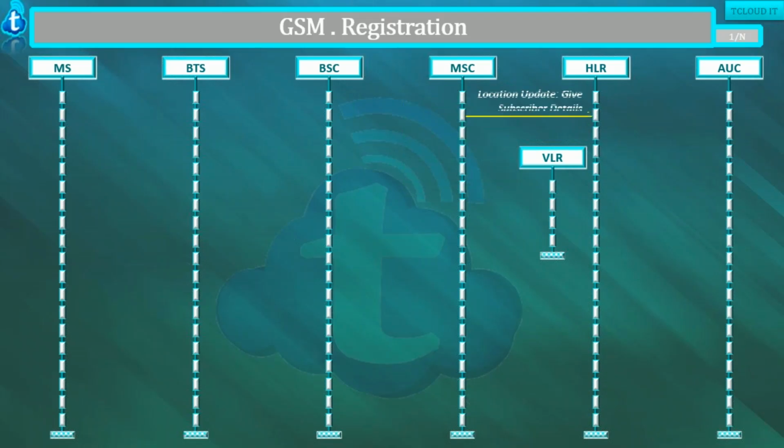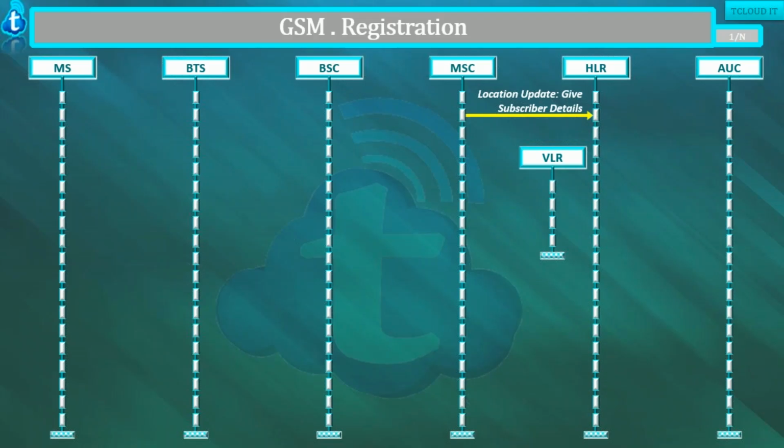So MSC quietly goes and talks to the HLR, telling the HLR that, hey man, listen, this subscriber has turned out to be genuine in every aspect. I have decided to accept his registration. I will accept his services from now onwards if he requests any of the services. But to do that, I need his subscriber details.